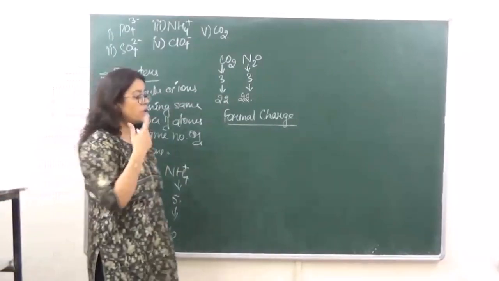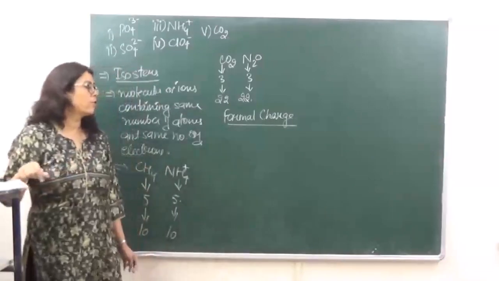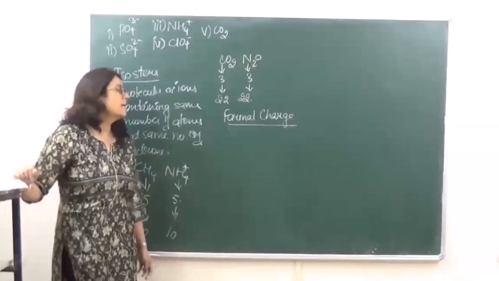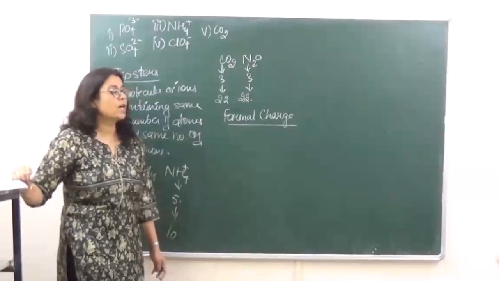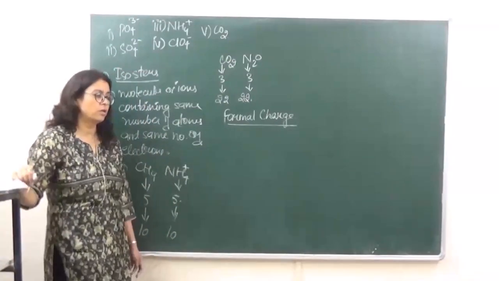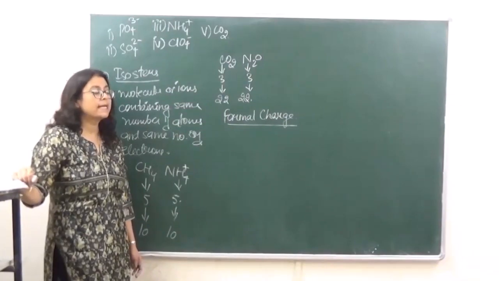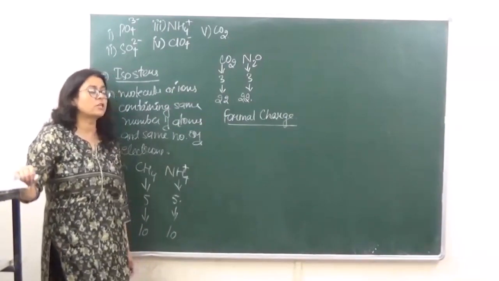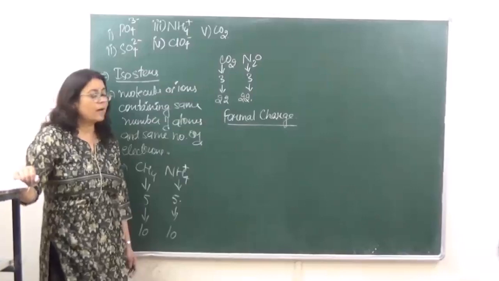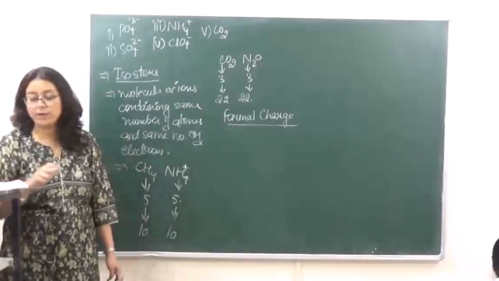When we are talking of polyatomic molecules or polyatomic ions, there is a net charge which is present on the molecule. That net charge should be such that it gives the most stable structure of that molecule. So how do we calculate the formal charge over here?